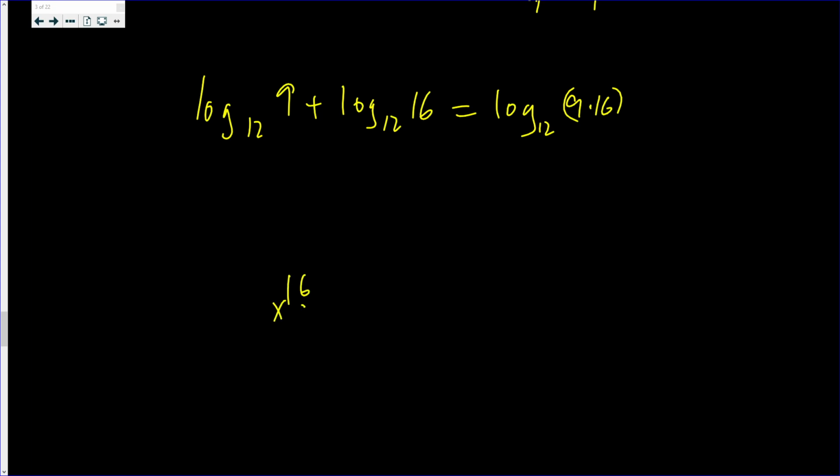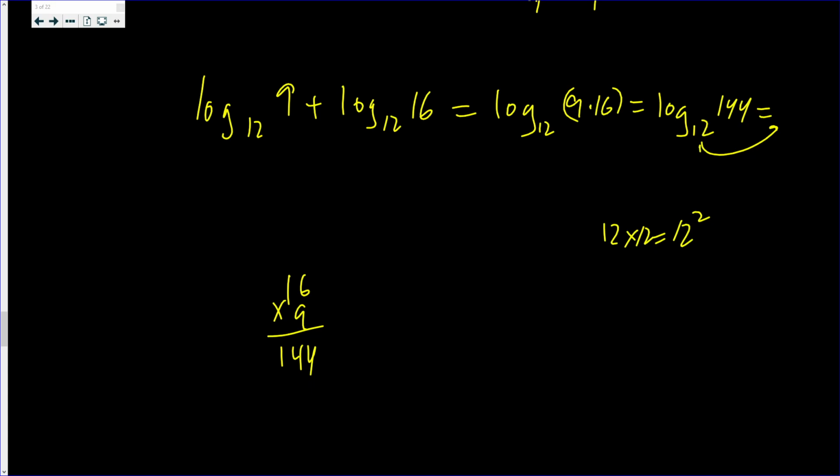And it turns out that 16 times 9 is 144. And you should know that 12 times 12 is 144. But 12 times 12 is 12 squared. So 12 raised to the second power is equal to 144.